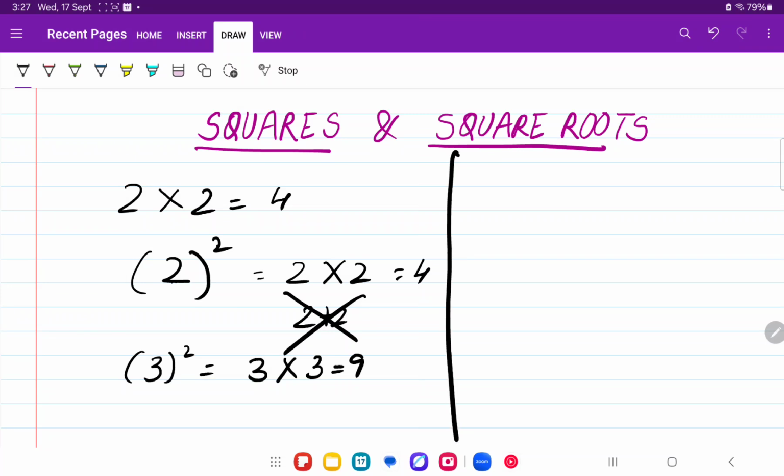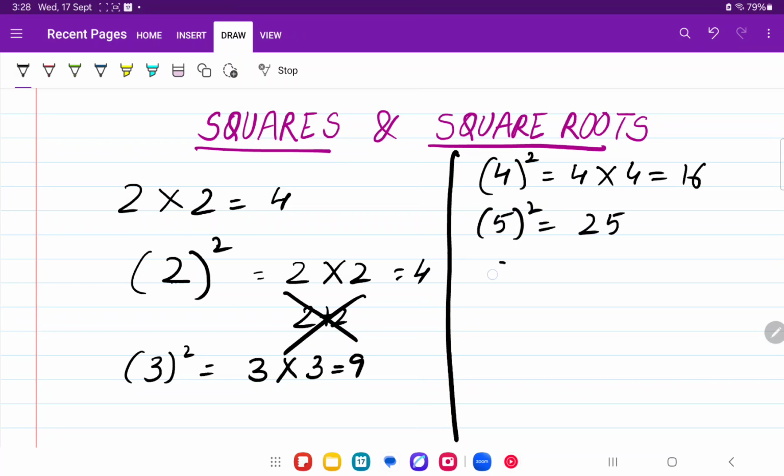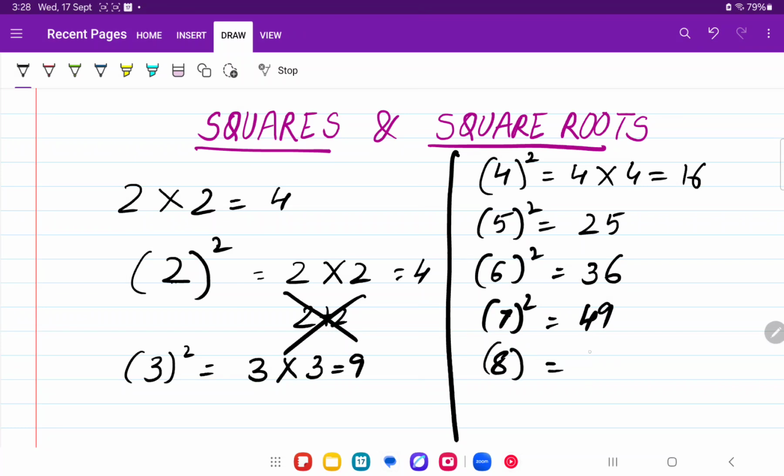I think you already know the square numbers till 12 at least, right? 4 squared means 4 times 4, which is 16. 5 squared is 25. 6 squared is 36. 7 squared is 49. 8 squared is 64. 9 squared is 81.